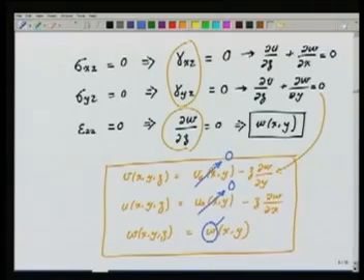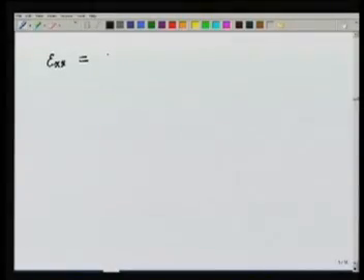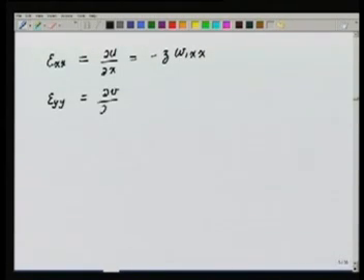Now we can write what the strain is. Epsilon xx will be del u del x, which is equal to minus z. I am going to write everything now in short form, w comma xx, which is del 2 w del x squared. Epsilon yy will be equal to del v del y, which is equal to minus z w comma yy, and gamma xy: these are the only strains which are non-zero in this model.